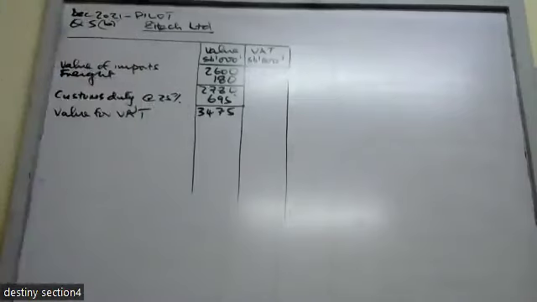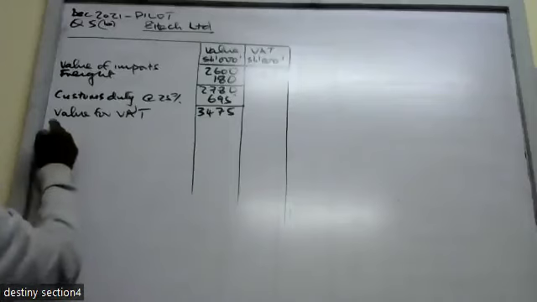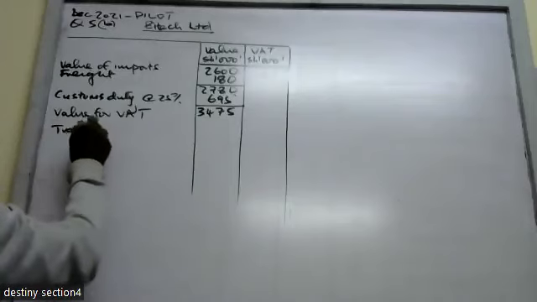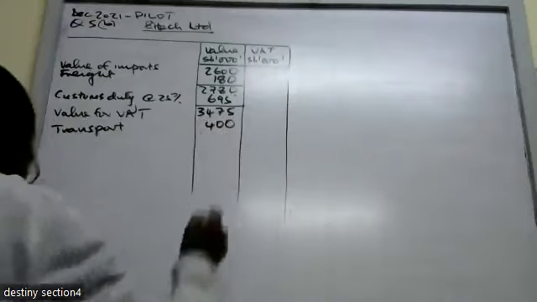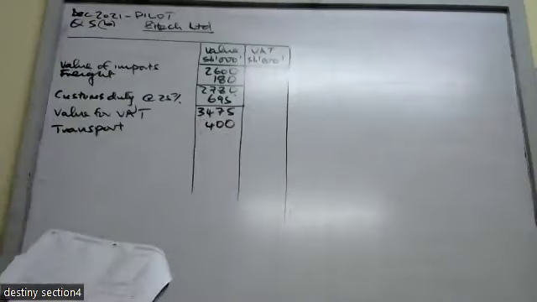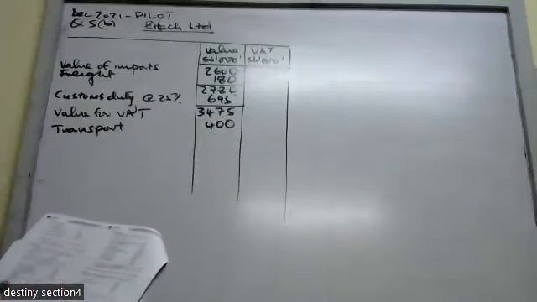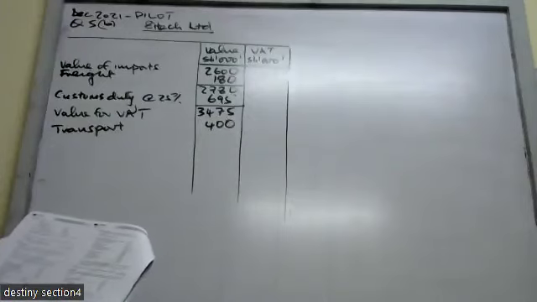So we continue. The goods have now reached the port, customs has been charged, so they want to transport them. They say the relevant cost, the company then incurred 400 to transport the goods from the port to its warehouse.